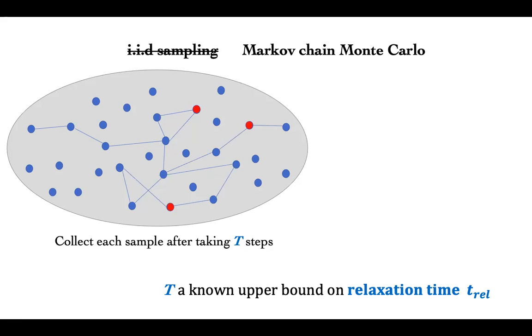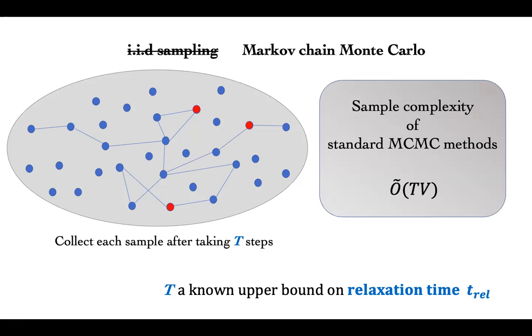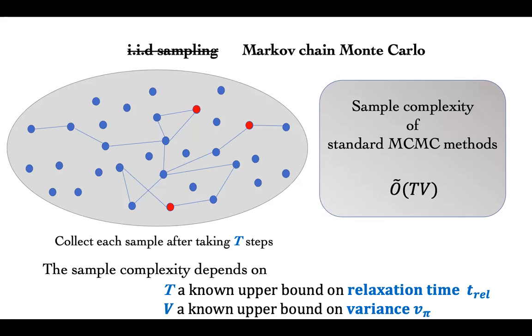To collect more and more samples, we need more and more traces. The sample complexity of the standard MCMC methods is tilde O of capital T, capital V. Remember that capital T is a known upper bound on the relaxation time, and capital V is a known upper bound on the variance of f.